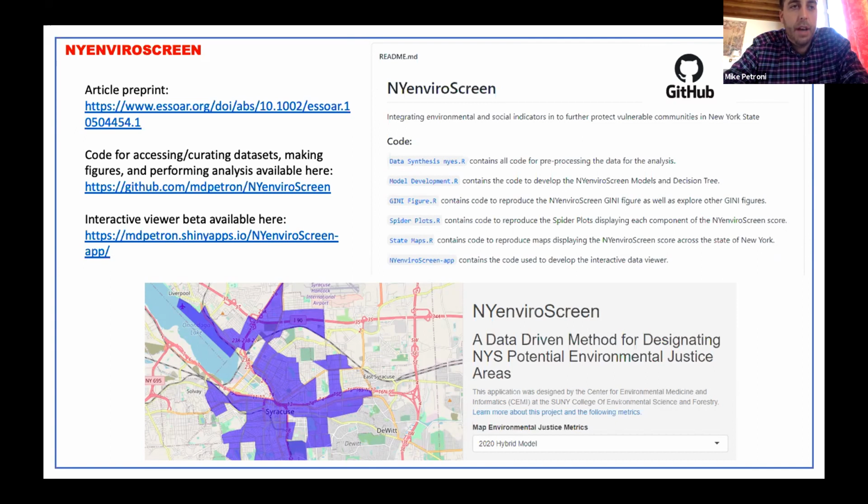I would expect that a more robust healthcare response or lockdown procedures would certainly negate some of the magnitudes, but we would hypothesize that even though the magnitude differs, areas with poorer air quality would see more cases. Sorry, I cut out again, but we'd be interested to look at that in the future.